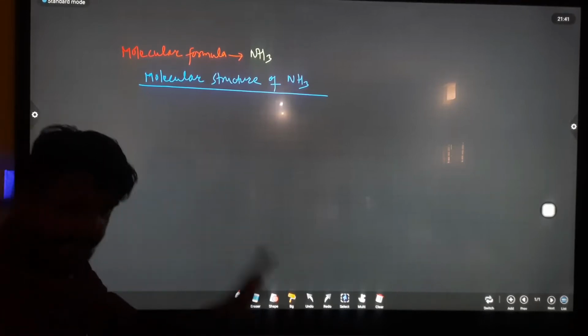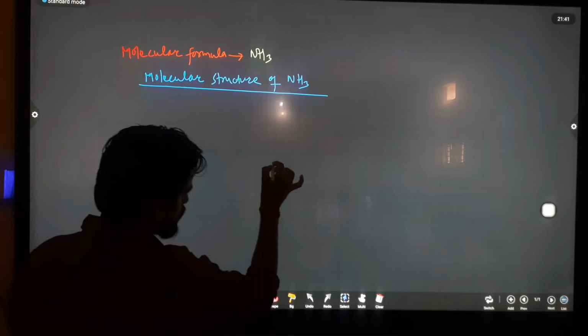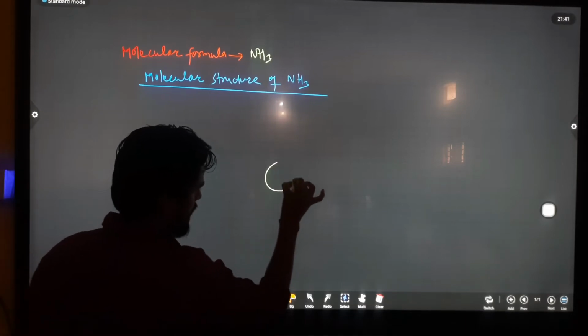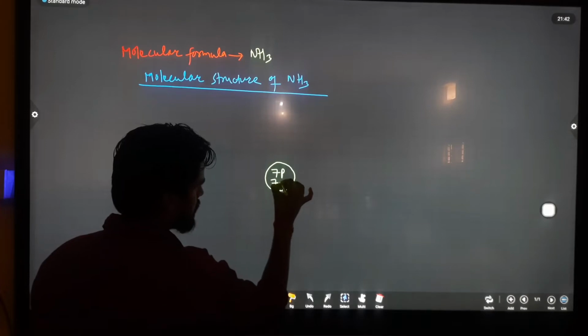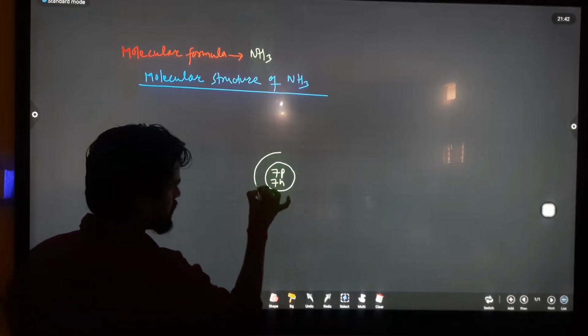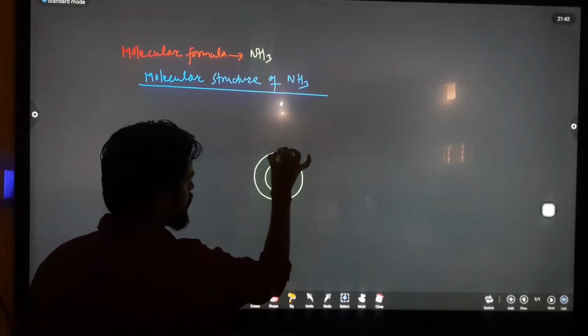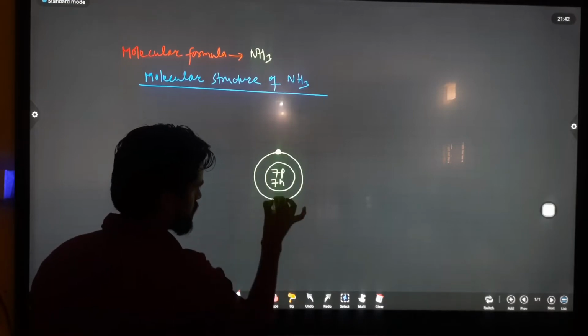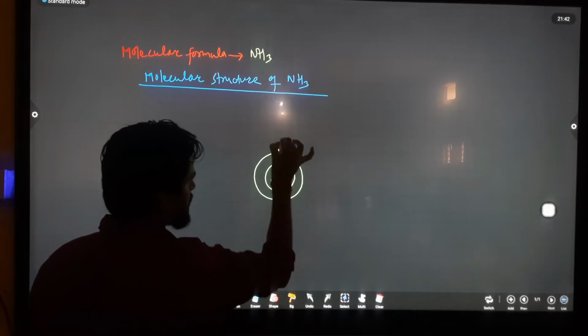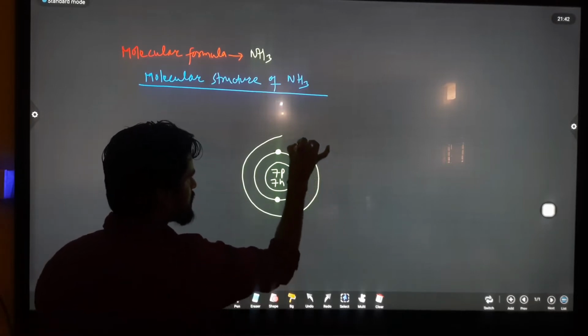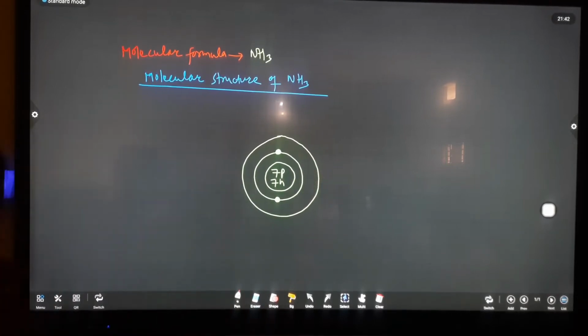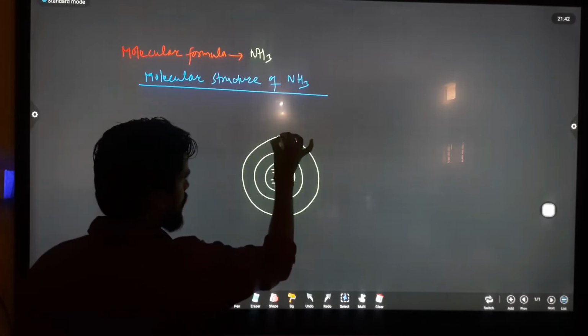So first you draw nitrogen. For nitrogen, 7 protons, 7 neutrons. The first shell consists of how many electrons? 2 electrons. The second consists of how many? The second consists of 5. Yes. So I will draw here 1, 2, 3, 4, 5.